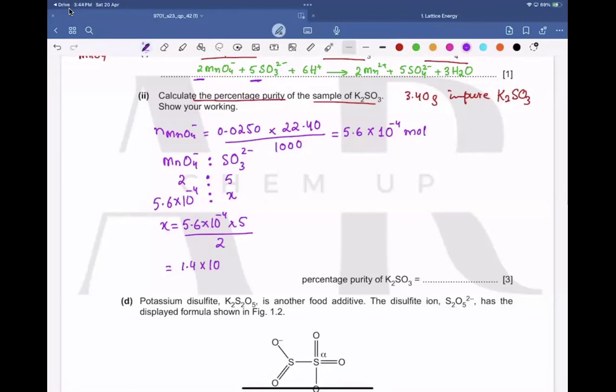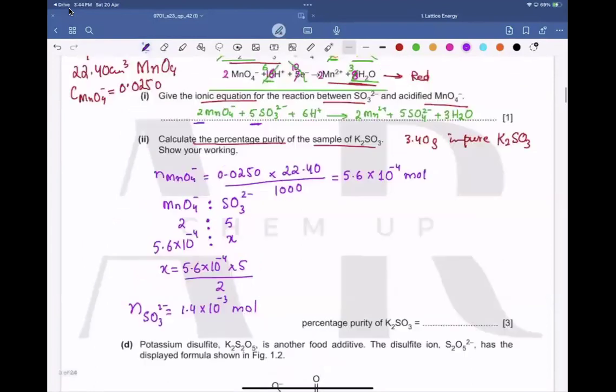Ahmed, can you check its exponent minus 3? Yeah, it's exponent minus 3. So these are the moles of sulfite ions. Till here, is this clear to all of you?